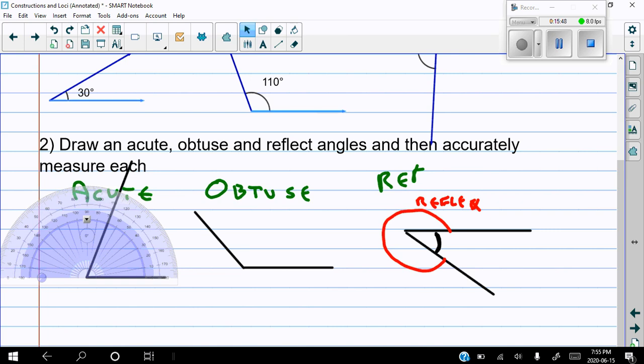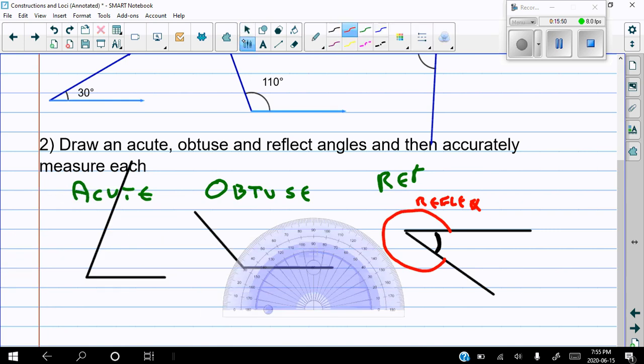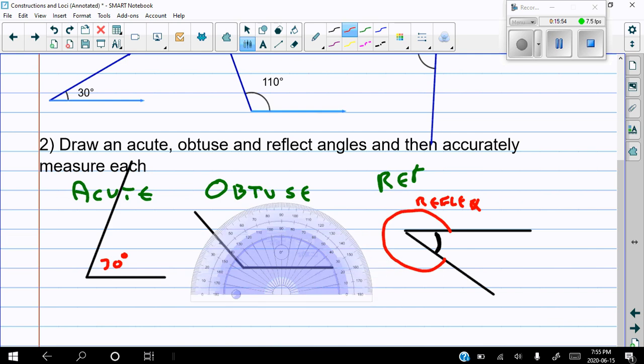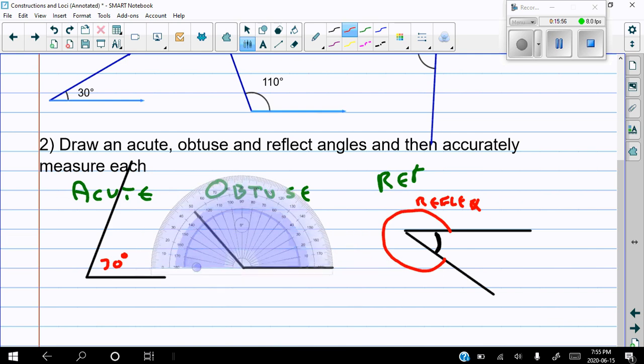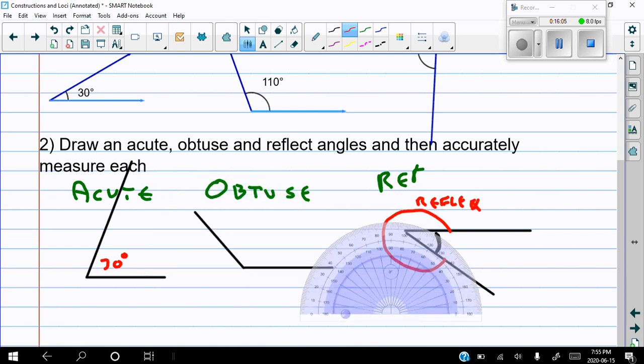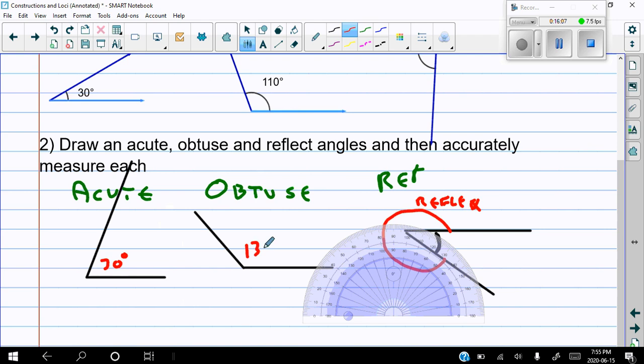We can see that we're on 70 degrees. Here, put it back on our line, starting on our inside, right? And we can see that we're at 131, it looks like. You can see the bigger we draw our angles, the more accurate they seem, because we can use bigger tools.